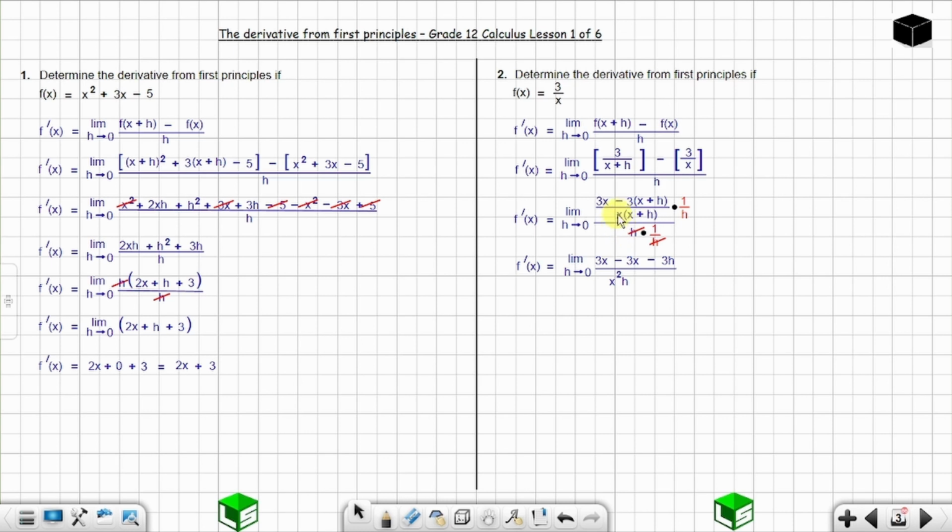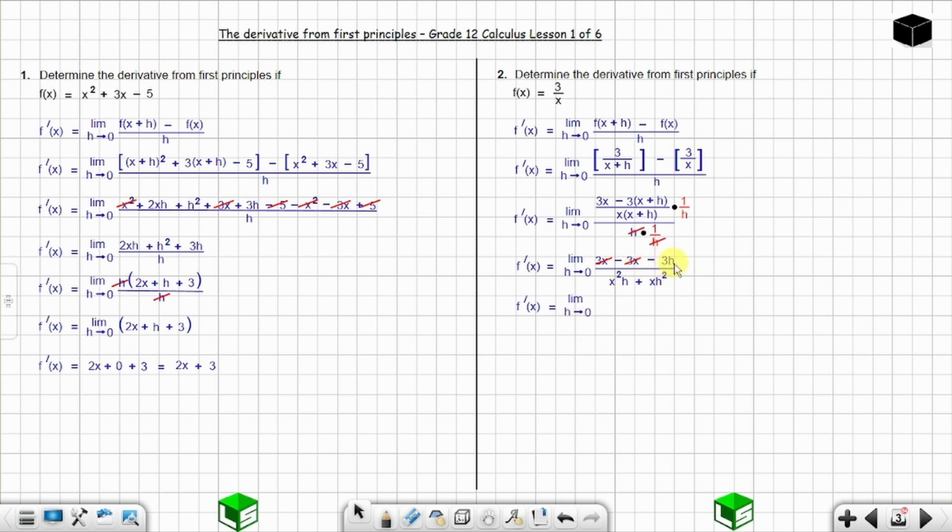You have x times h, which is x h squared, plus x h squared. So this is what you have. You can see you have 3x minus 3x. This is 0. You have f prime of x is equal to the limit as h goes to 0.